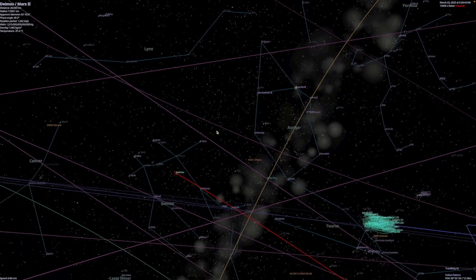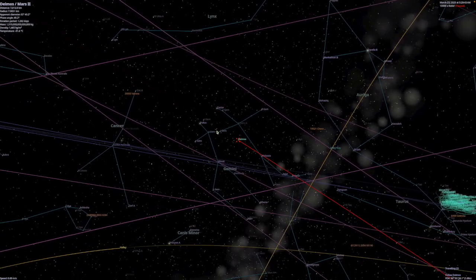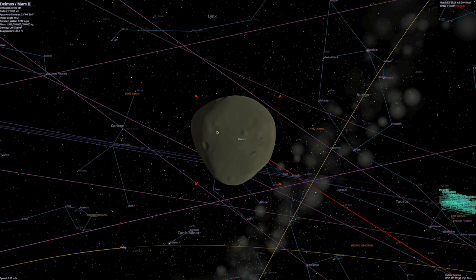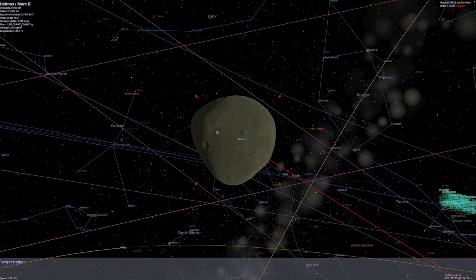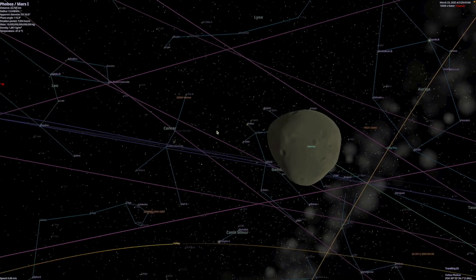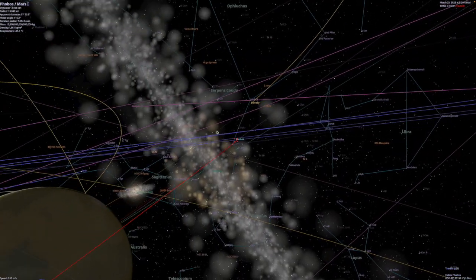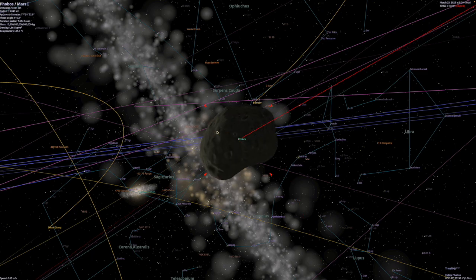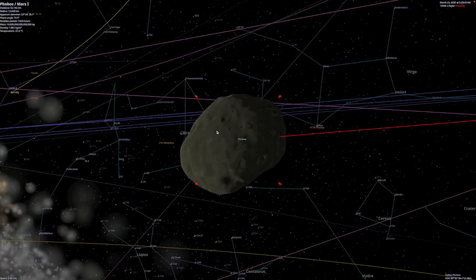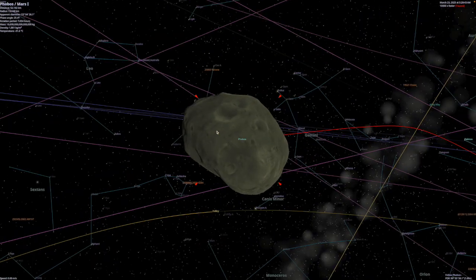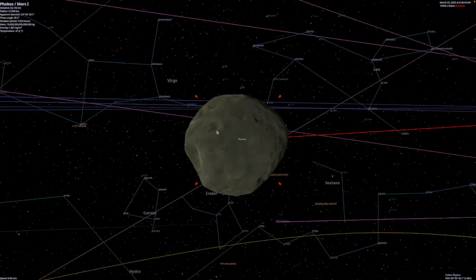First we have Deimos, the further one and the smaller one too. Its radius is 8 kilometers. And Phobos, the closer and bigger one. Here it is. It is 13 kilometers in radius. So that's it for Mars and its moons.